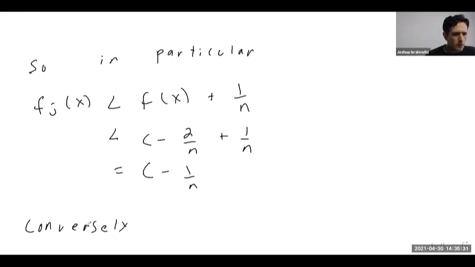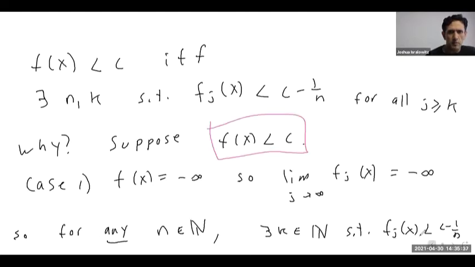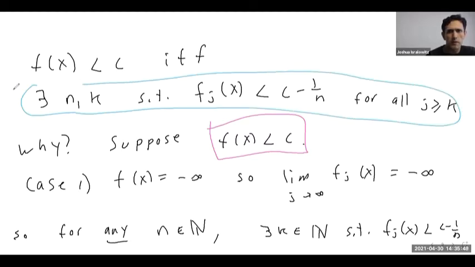Okay, so conversely, we just proved half of the statement. Got to prove the other half. So now let's assume this here in light blue is true. Let's assume this is true.